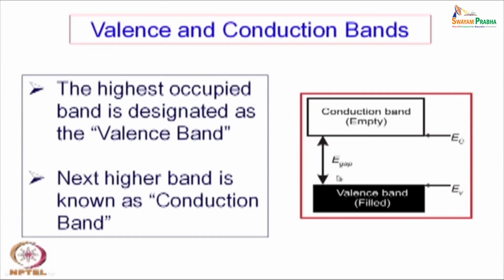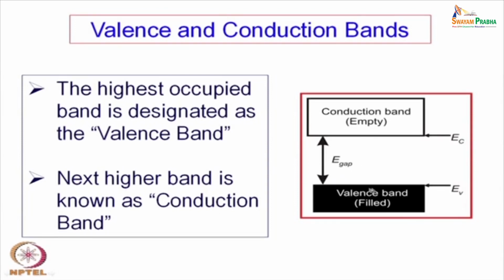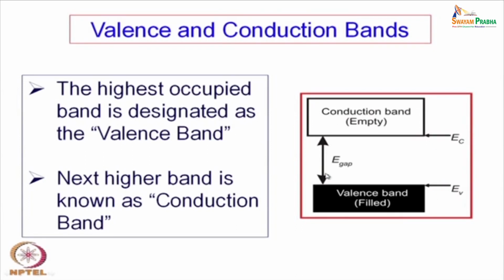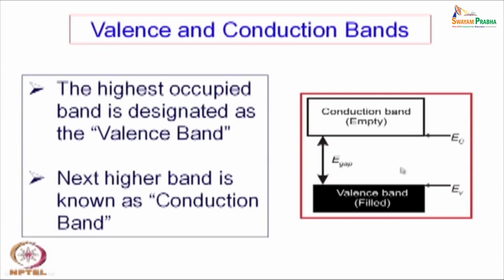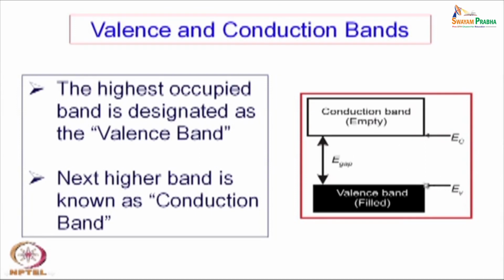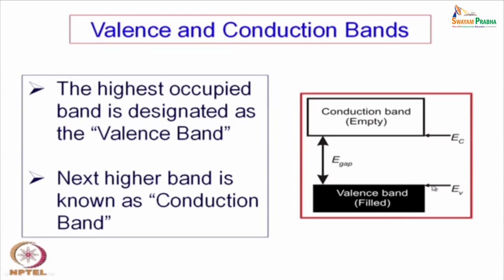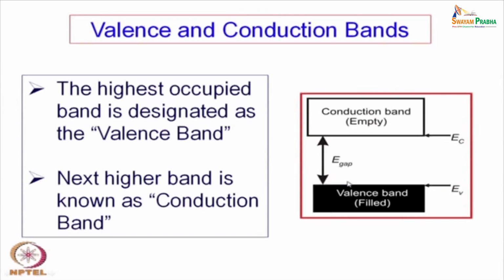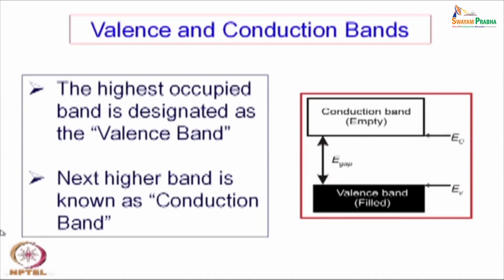So, most of the time the reference is here. So, EV becomes your reference, so that EC becomes EG. Okay. So, the gap is our concern, and it is relative to a particular energy level, and normally the top of the valency band is taken as the reference or zero level.